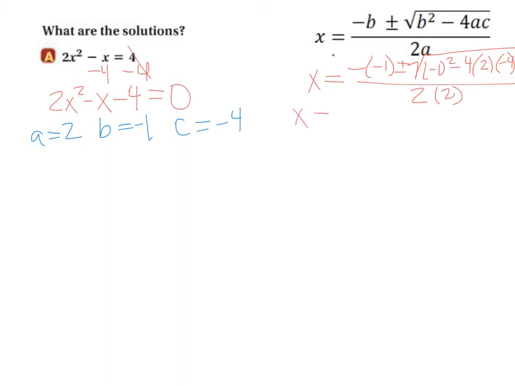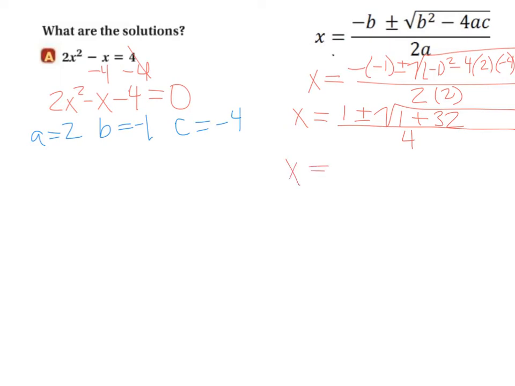Okay, so again, simplifying, we get 1 plus or minus 1 squared gives me 1. Negative 4 times 2 times negative 4 is going to give me a positive 32, all over 2 times 2, which is 4.